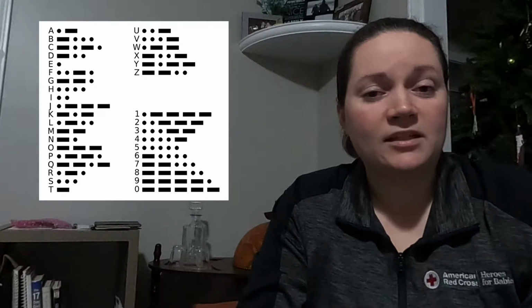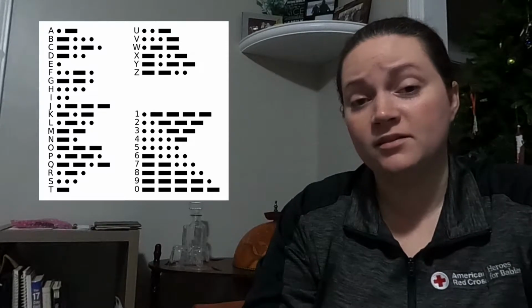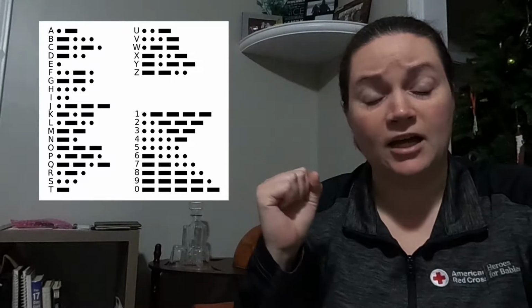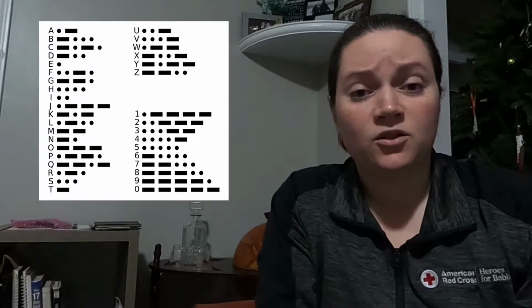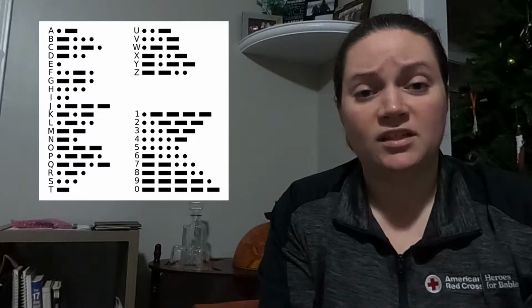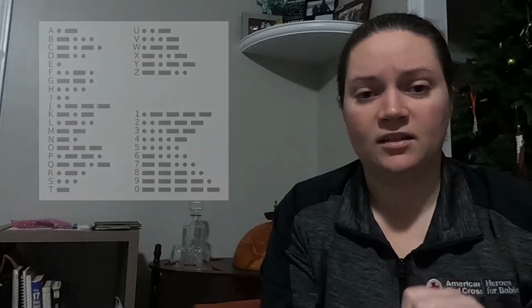You also often see Morse code used in beeping sounds, with longer or shorter beeps. So that's Morse code, and today we are going to learn a name in Morse code.